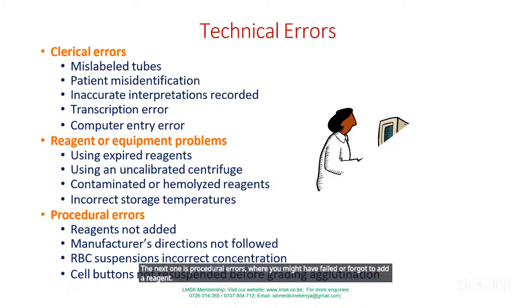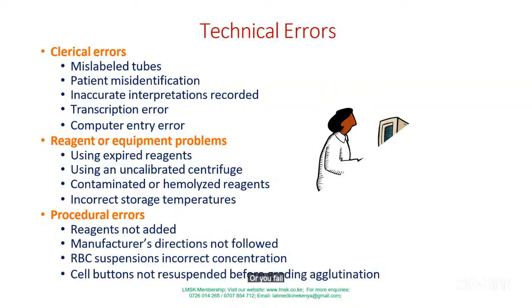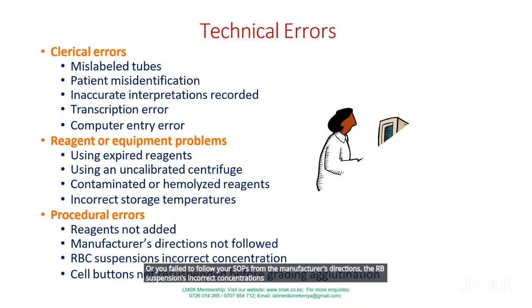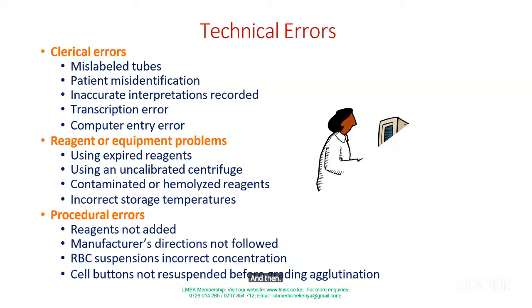The next one is procedural errors, where you might have failed or forgot to add a reagent, or you failed to follow your SOPs from the manufacturer's directions. The RBC suspensions in incorrect concentrations. So you are having a prozone and postzone scenario where in prozone you are having excess antibodies, and then in postzone you are having excess antigens.